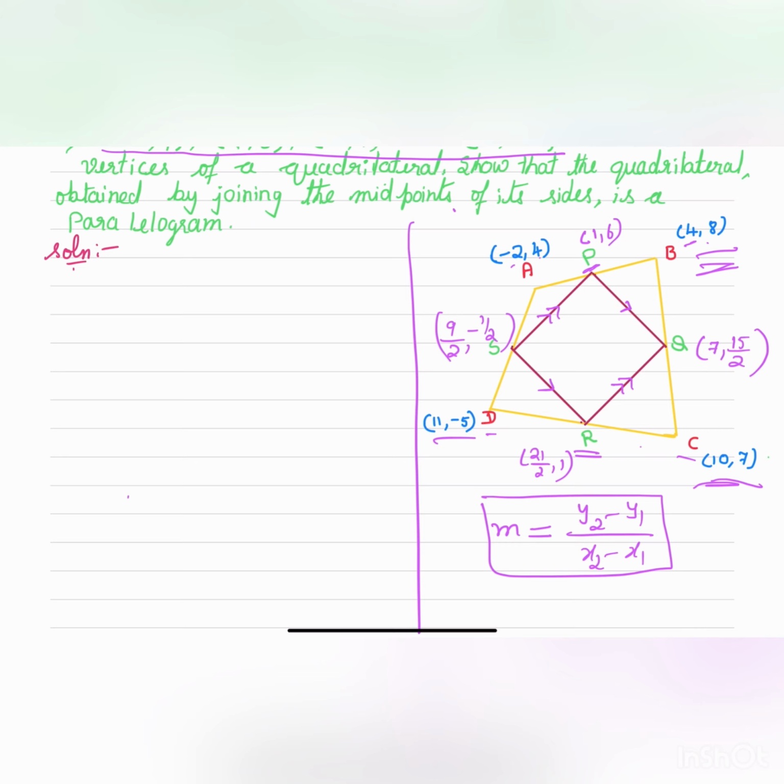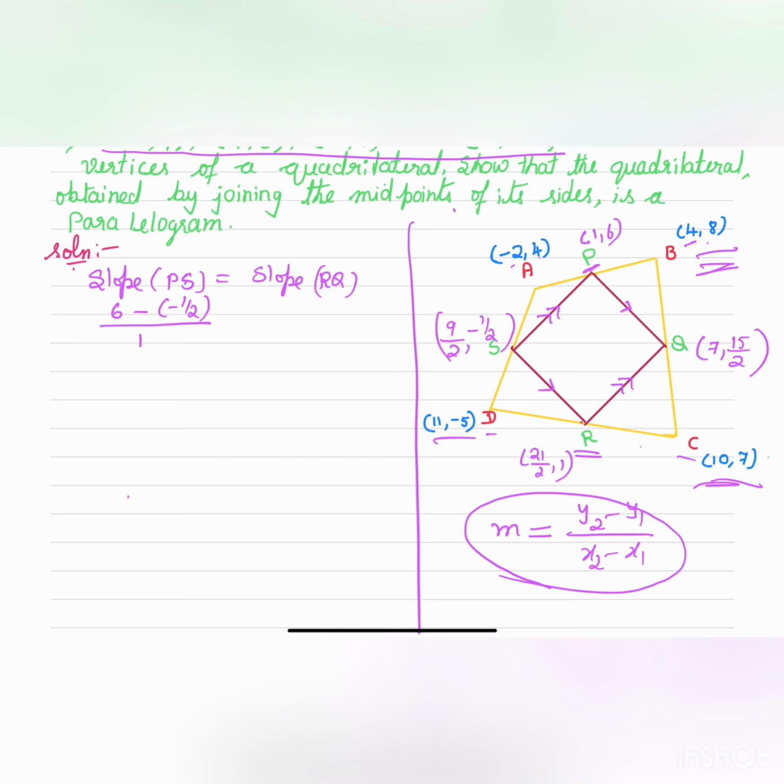So let us try with the slope of PS, which should be equal to the slope of RQ. Let us check whether it is true or false. We will substitute the values in the formula. So it will be (6 - (-1/2))/(1 - 9/2) is equal to (15/2 - 1)/(7 - 21/2).